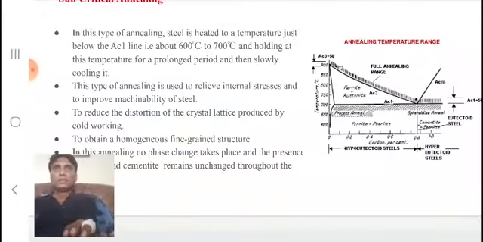So these are the four concepts we have discussed in this video.